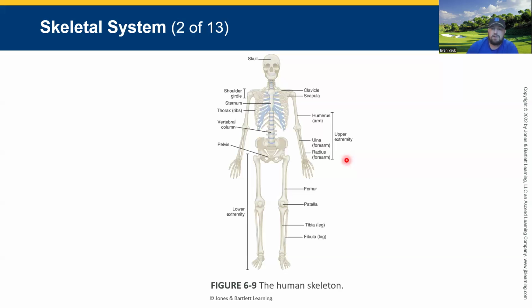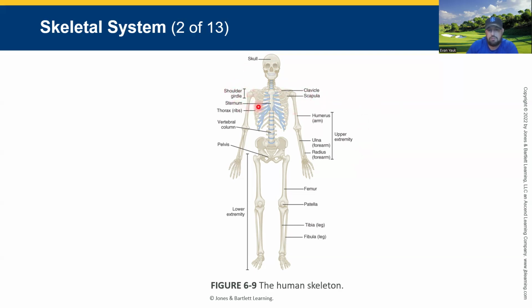So a very broke down, easy skeleton here. Guys, the skeleton scared me to death when I started school because that's a whole lot to learn. It's not that bad. So we've got the skull. We all know what that is. Our clavicles and our scapula, which is part of the shoulder girdle. Okay.